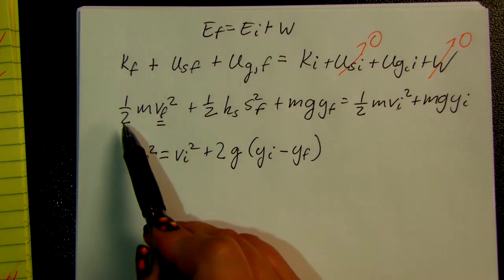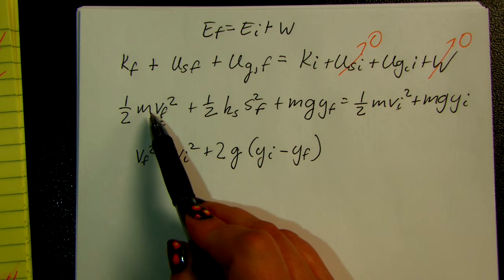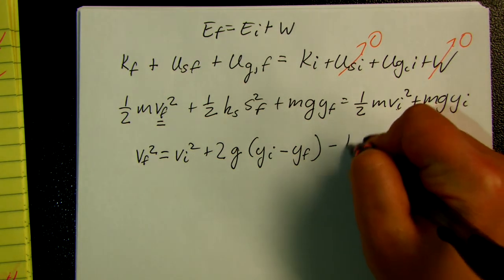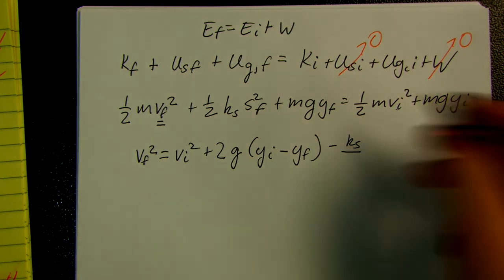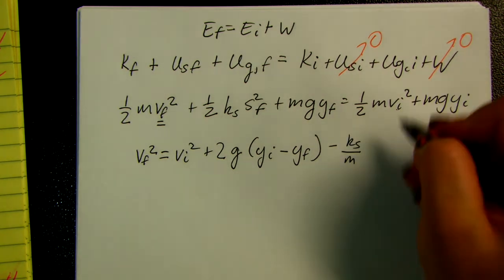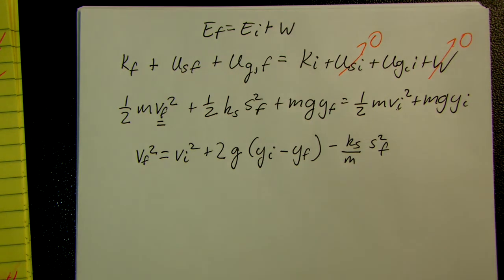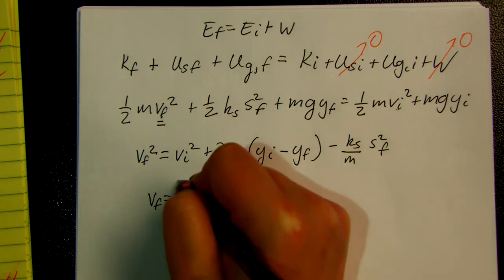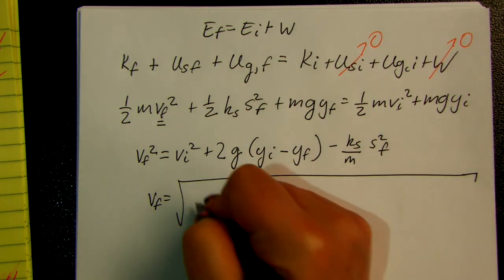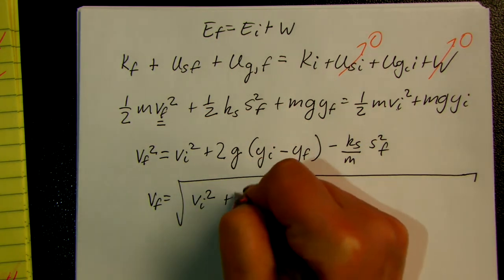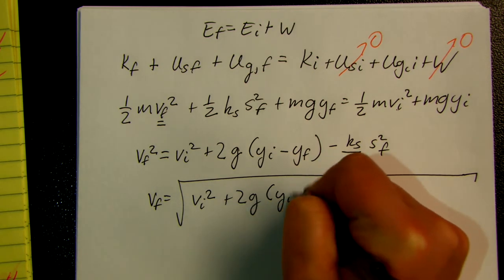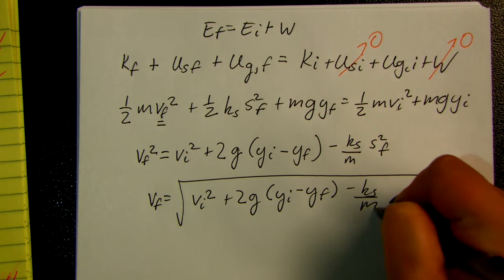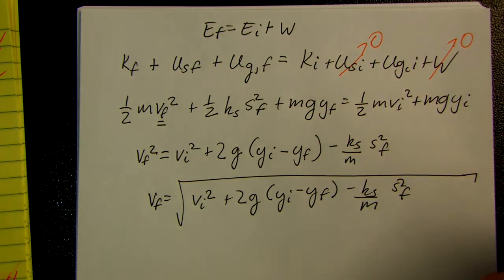The 2 is coming from this term, and that m has canceled out those m's. Minus k sub s, so since we've divided everything by m, this must now be divided by m, s squared final. All right, so v final is equal to the square root of v initial squared plus 2g y initial minus y final minus k sub s over m s squared final.